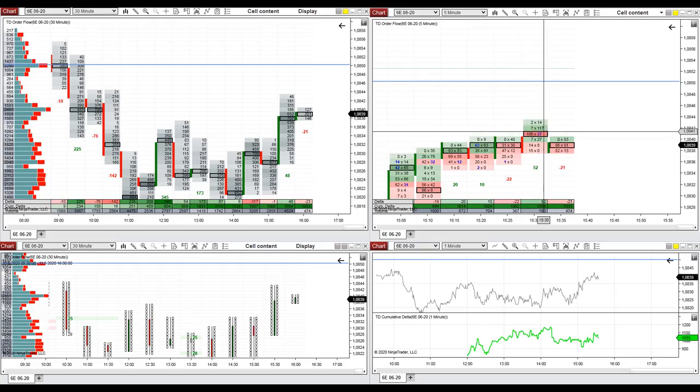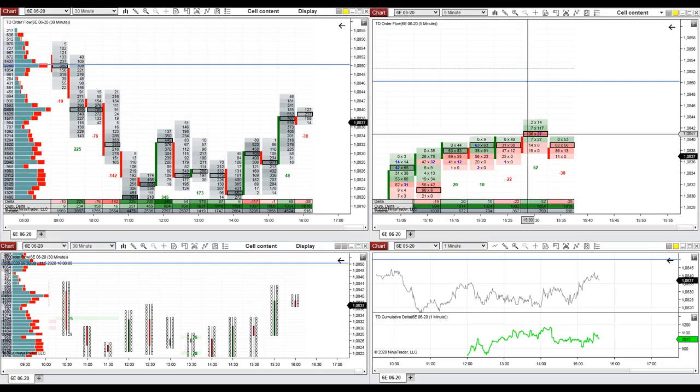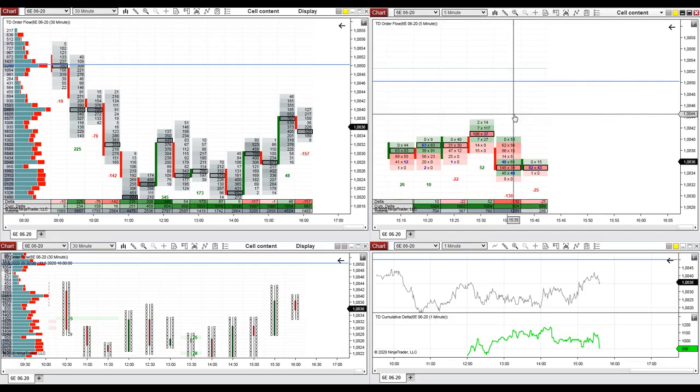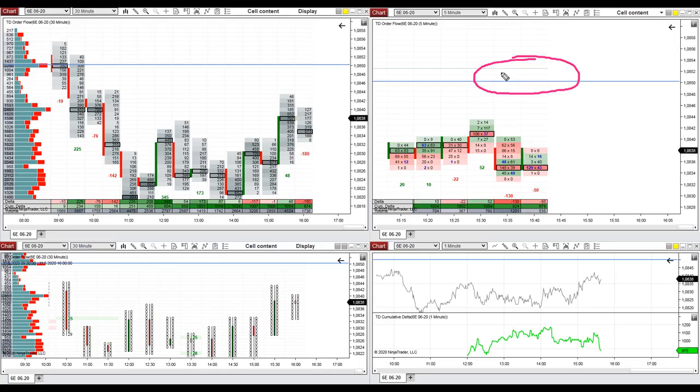Only this buying imbalance, but we also see sellers in here. So nothing special. Delta is still moving sideways. What I want to see is some confirmation somewhere around this level.